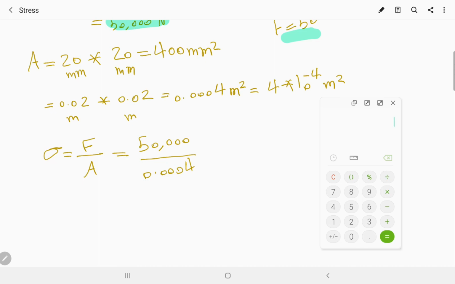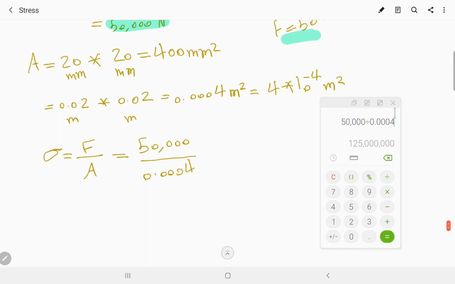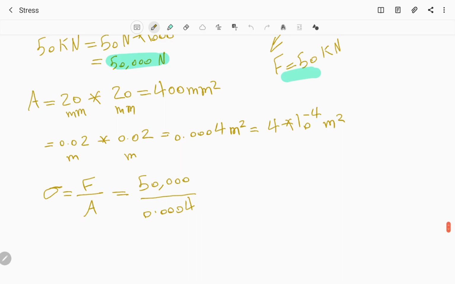So let's plug these givens into the calculator. Basically 50,000 divided by 0.0004 will give us 125 million Pascal.